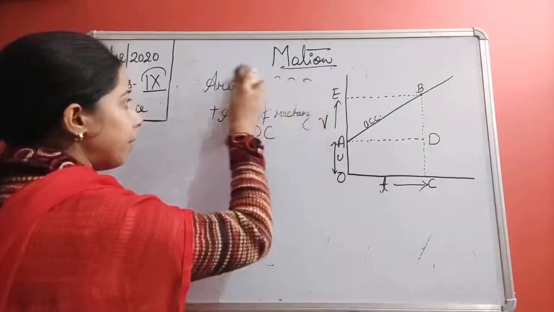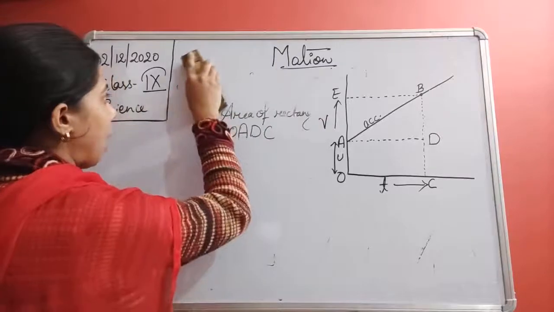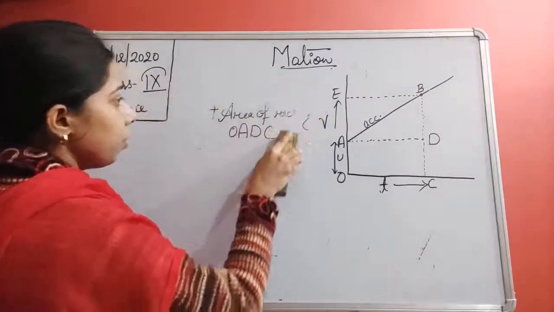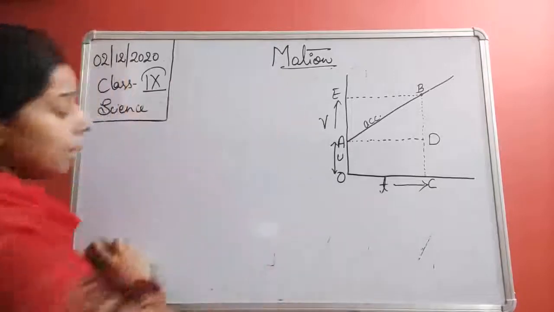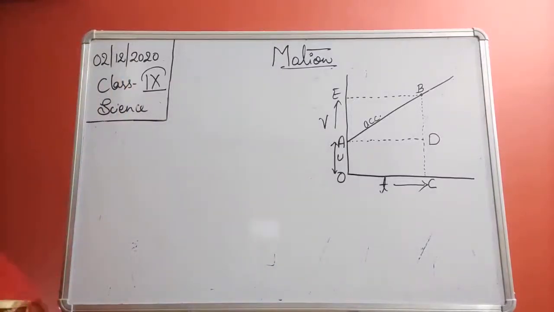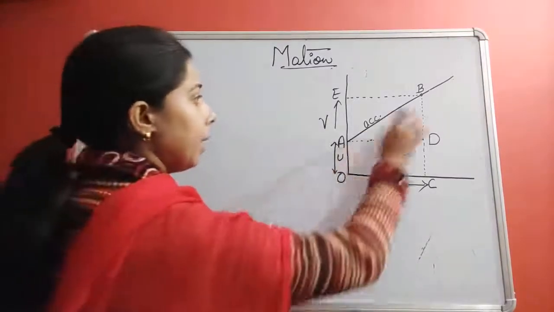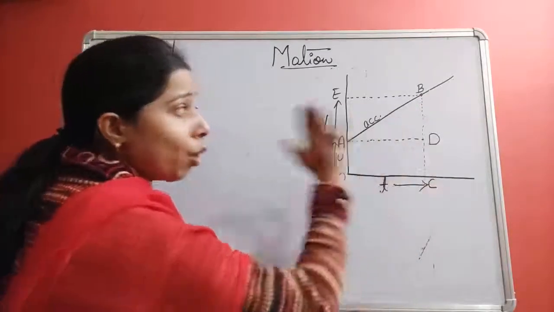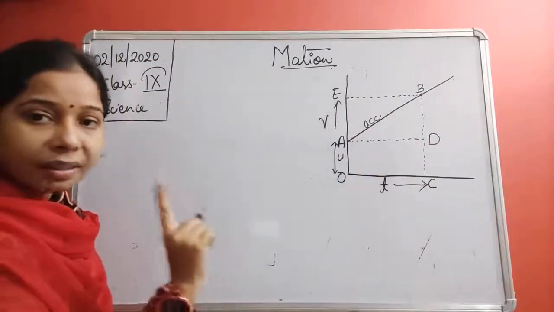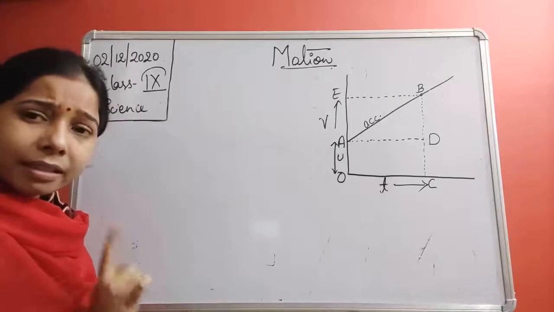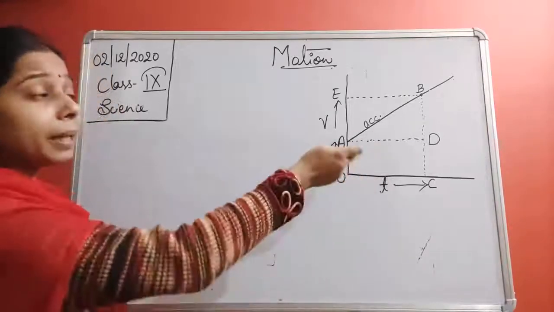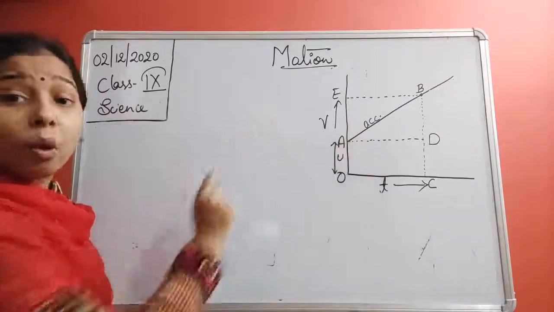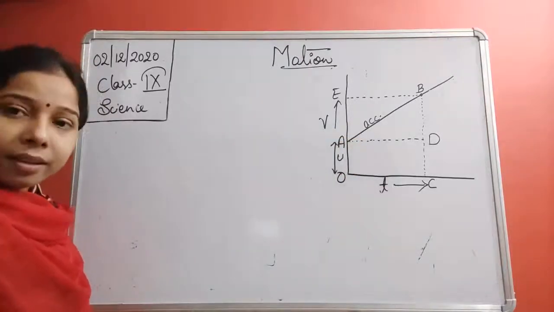As you look at the graph, we can find the distance traveled by this graph, that is OABC. If we find the area of this graph, we are able to find the distance traveled. Is this the only method by which we can find the distance traveled, by adding the area of triangle and rectangle? No. There is another one.